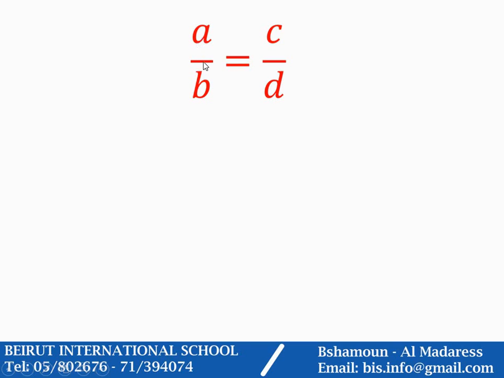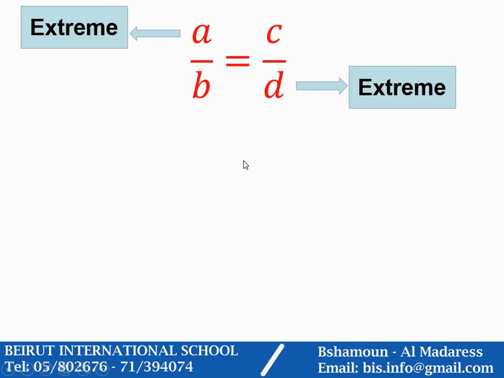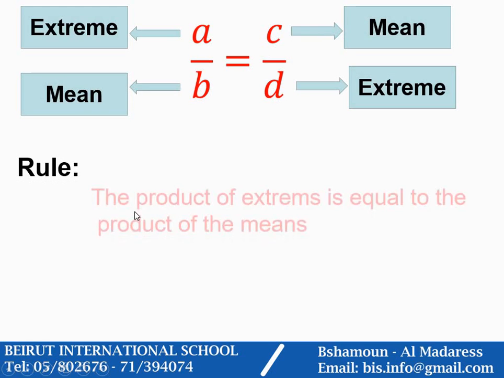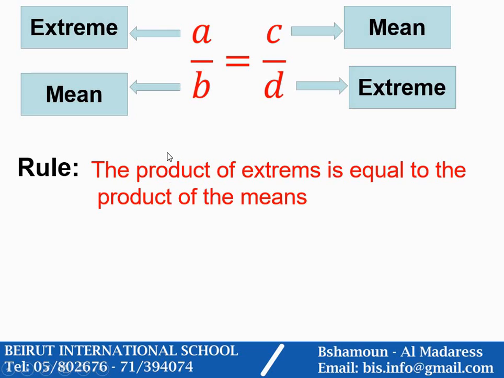Let us take the proportion A over B is equal to C over D. In the proportion, the numbers here and here are called extremes, and the numbers here are called means. So this is extreme, mean, mean, extreme. And you have a rule: the product, meaning the multiplication, of extremes, if you multiply extreme by extreme, is equal to the product of the means.